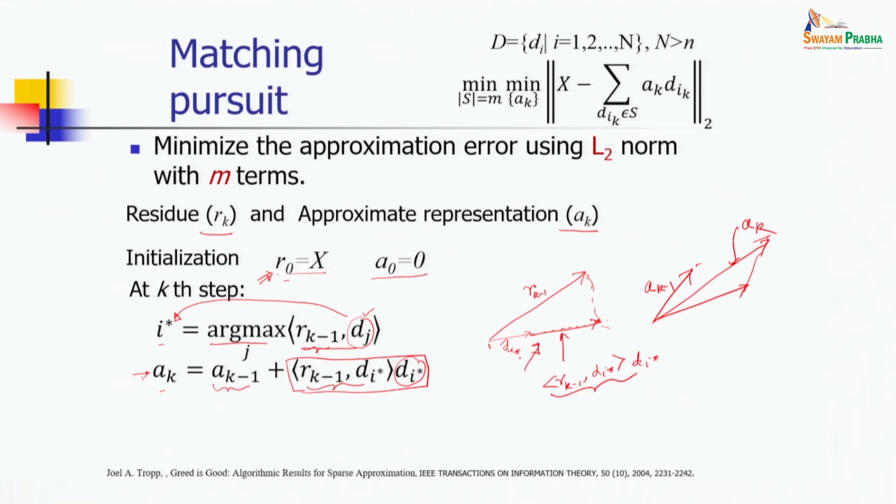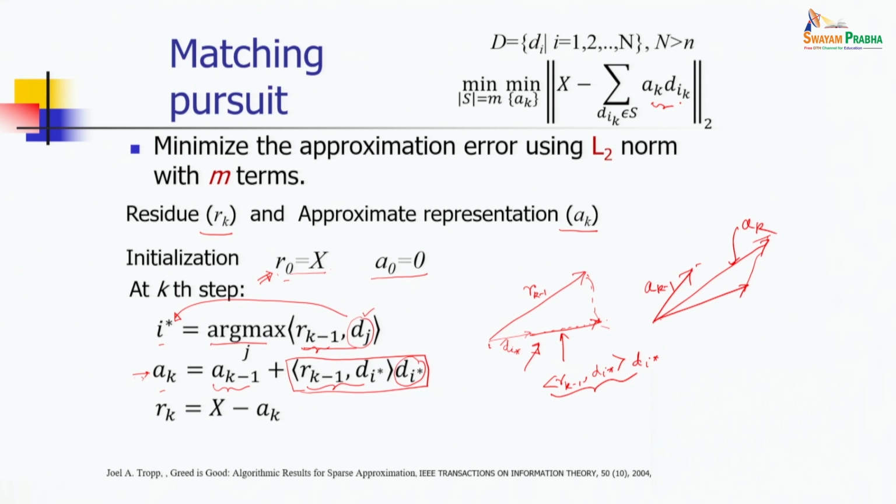So the accumulated coefficients, to express x as a linear combination, need to be accumulated, and there is no guarantee that you can have exactly m terms. It will basically continue. There is no guarantee how many steps you require to get m terms. So you stop when you get m terms. That is the idea.